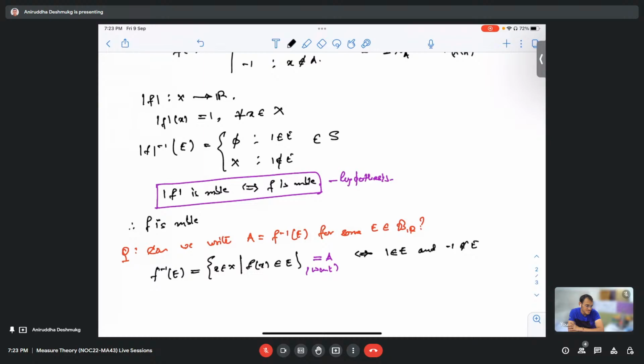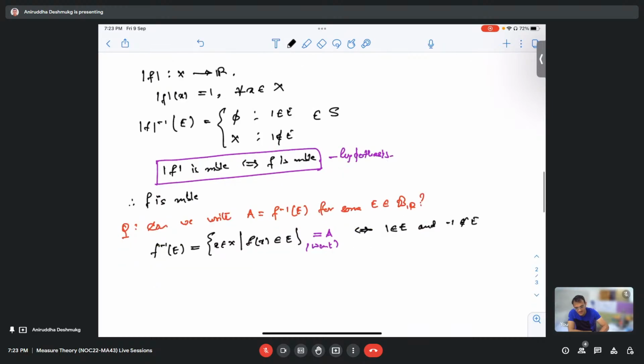It can be any open set which contains 1, and obviously we have to exclude the minus 1 point. Okay, but you give me one example of that. I think the open interval 0 comma 2. Okay, let us do this. E is the open interval 0, 2.